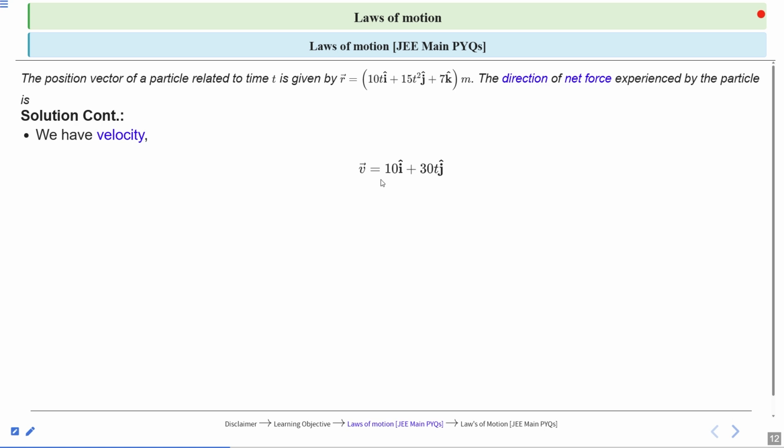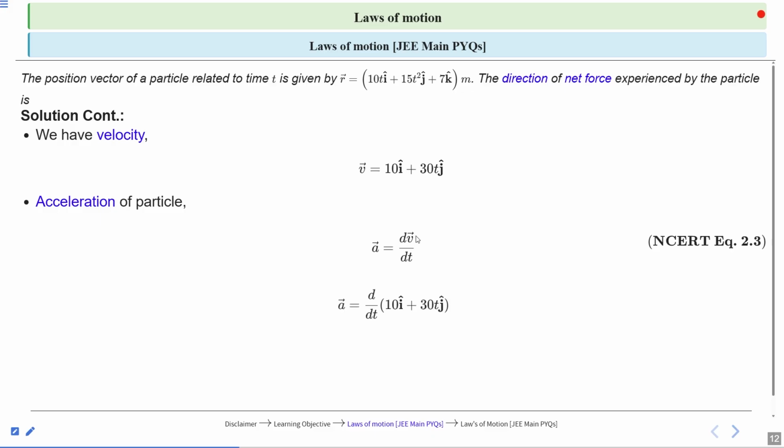Now we have the velocity, that is v equal to 10 i cap plus 30t j cap. So now we will calculate the acceleration of the particle using the velocity. We know the acceleration of the particle will be the rate of change of velocity. So a is equal to dv upon dt.